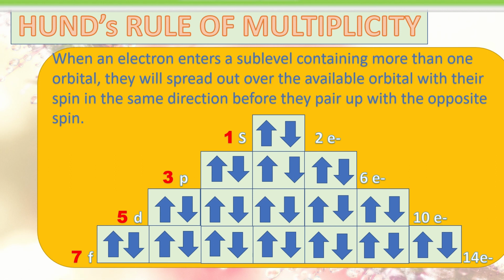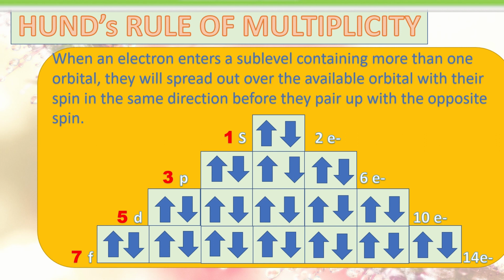An orbital filling diagram is the more visual way to represent the arrangement of all the electrons in a particular atom. In an orbital filling diagram, the individual orbitals are shown as squares or boxes, as you can see on your screen. Orbitals within a sublevel are drawn next to each other horizontally.